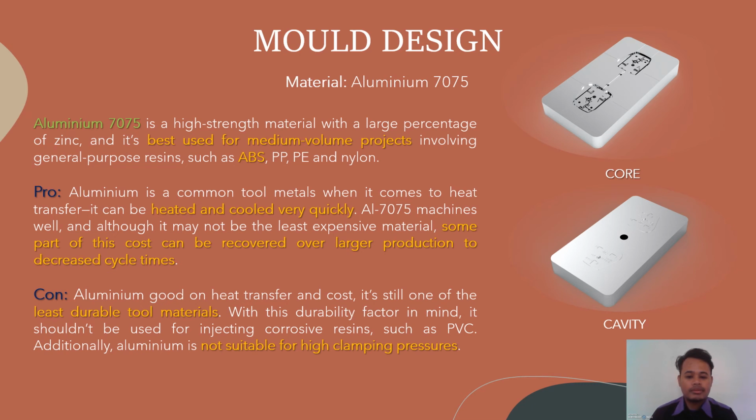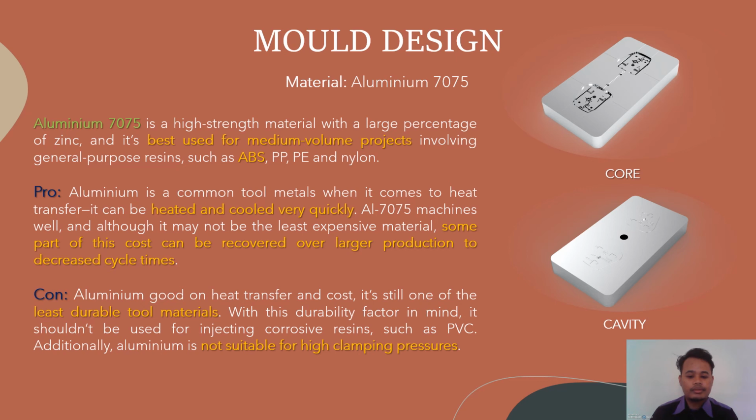Aluminium 7075 machines well, and though it may not be the less expensive material, some part of this cost can be covered over large production by decreasing the cycle time. Meanwhile, the aluminium is good on heat transfer and cost, but it is still one of the least durable tool materials.